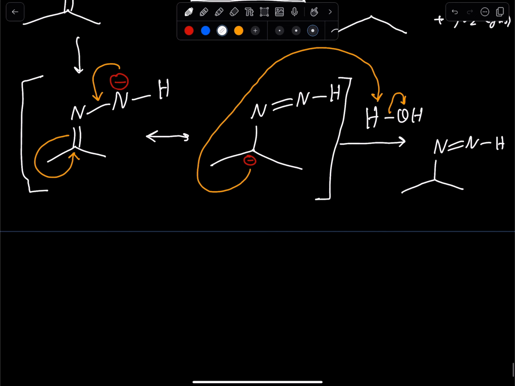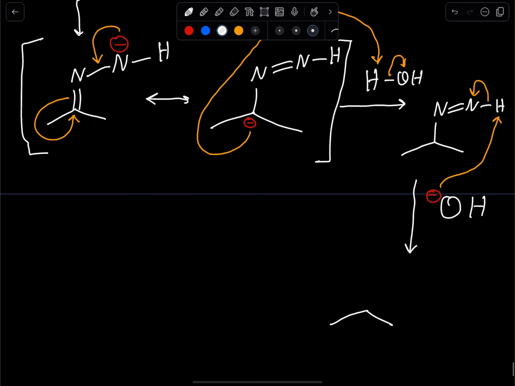Now for the next step of the reaction, we have a lot of hydroxide ions still in the solution, so we can use them to attack the other proton here, and then form the negative charge again on that nitrogen. Okay, then we do something funny.